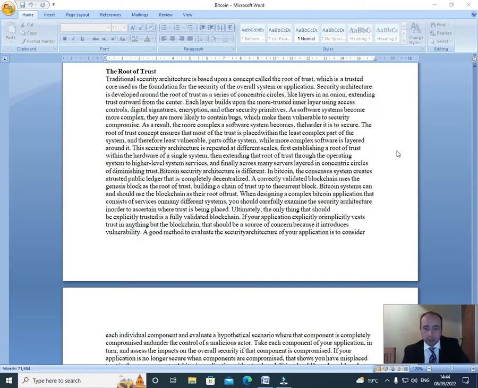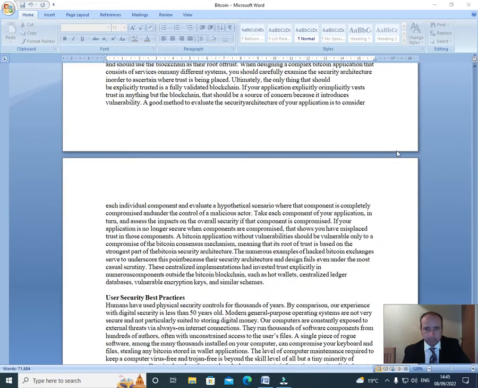You should carefully examine the security architecture in order to ascertain where the trust is being placed. Ultimately, the only thing that should be explicitly trusted is a fully validated blockchain. If your application explicitly or implicitly vests trust in anything but the blockchain, that should be a source of concern because it introduces vulnerability.